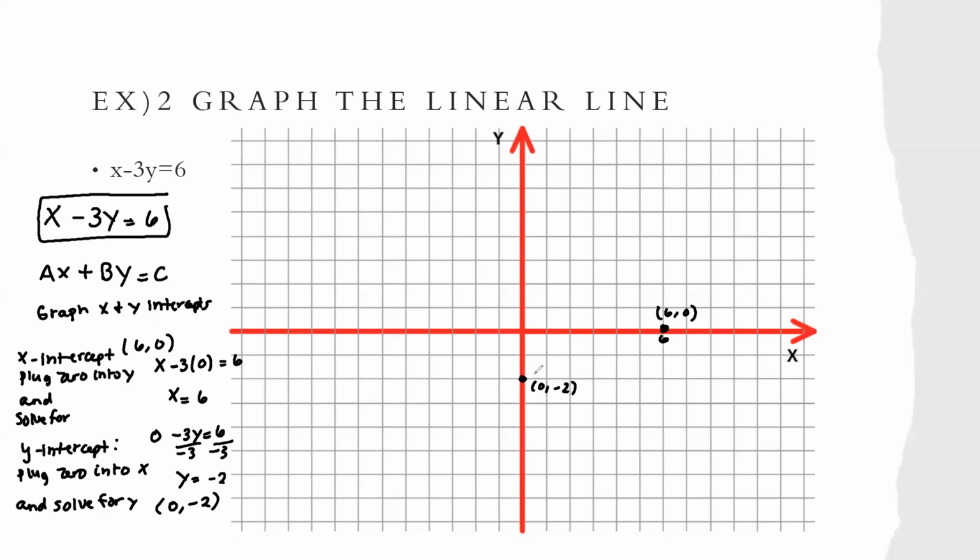And then remember how we said you only need a minimum of 2 points? So go ahead and connect these two dots as straight as you can. This is probably the straightest I can be. And then always label your graph. So this is going to be x minus 3y = 6.